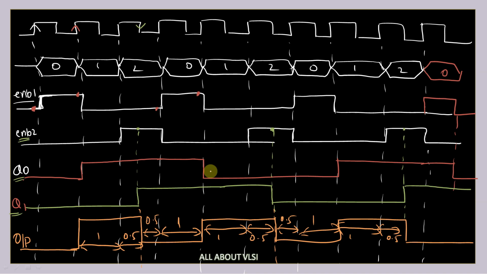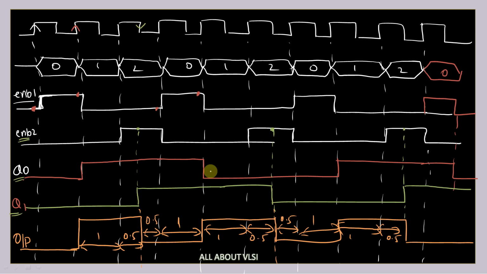I can get the output either after 1 cycle, or after 2 cycles, or after 3 cycles. Using flip-flops, we can provide the output only at whole numbers. If we want to produce the output directly after 1.5 cycles, or after 2.5 cycles, using a single flip-flop, it is not at all possible.